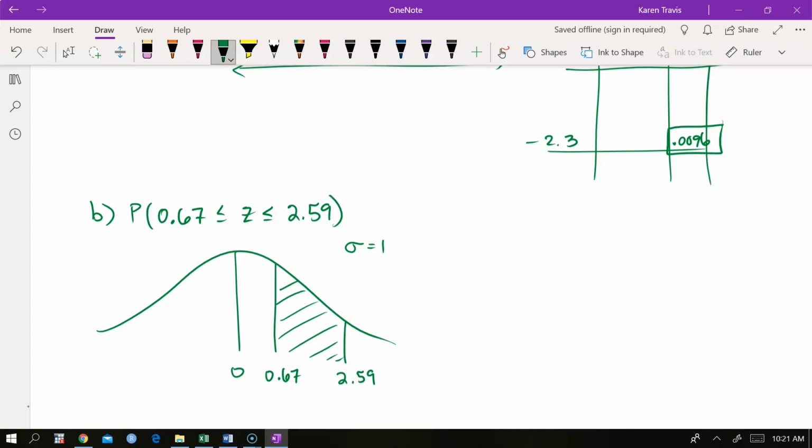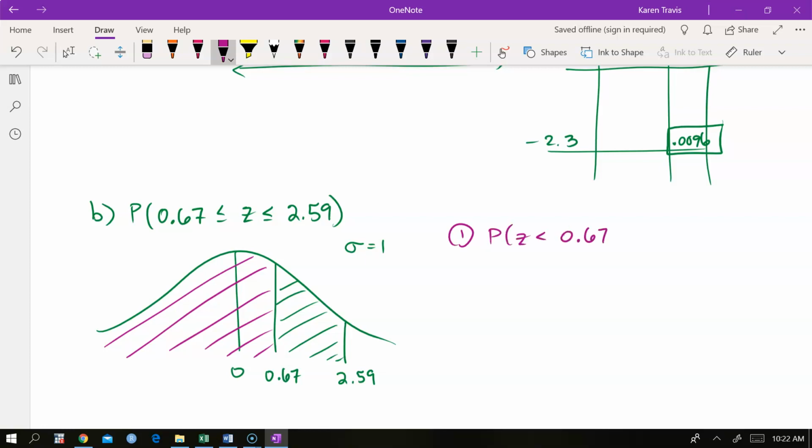So the way I'm going to solve this is to do some colors here. I'm going to do pink is the left tail below 0.67. So first, step 1 is I'm going to find the chance that z is below a positive 0.67. So when I look at the table for a positive 0.67, the row I'm looking for is 0.6, and the column I'm looking for is 0.07.